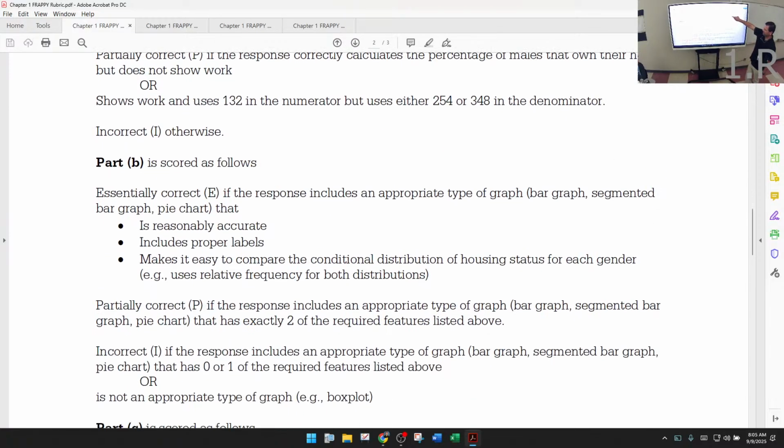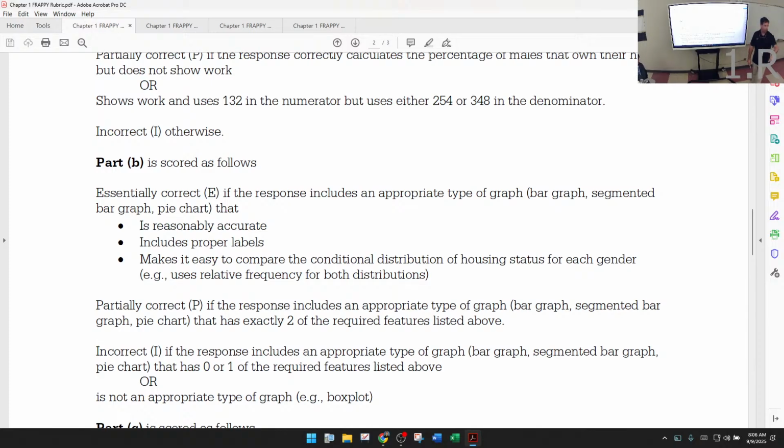B, essentially correct: the response includes an appropriate type of graph. Bar graph, segmented bar graph, pie chart. In other words, something that you can make that does what? Categorical data, right? They didn't even say modified box plot, but that's one. I think this was made before the modifieds came out, okay?